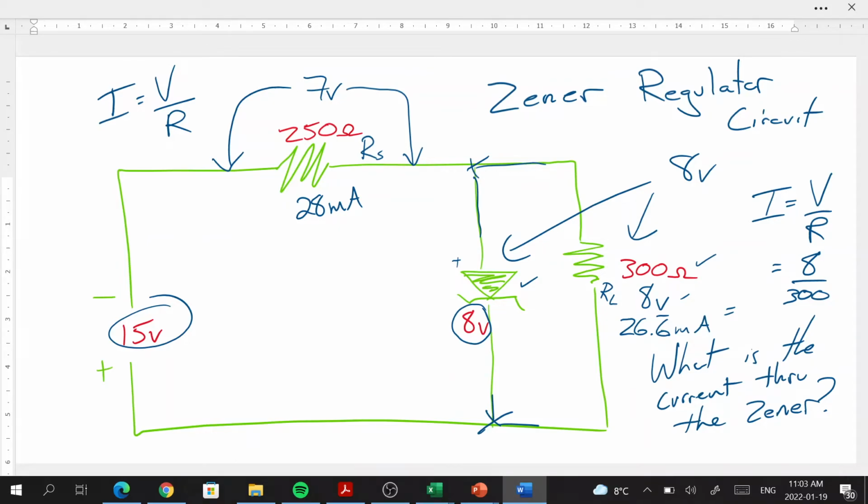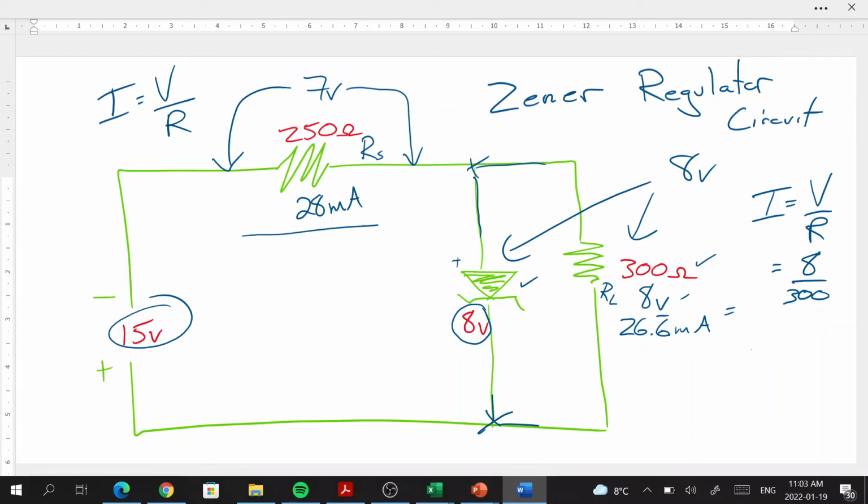Okay, now I'm just going to clear a few things up here. Again, we're looking for the current going through our Zener. So now we're going to use Kirchhoff's current law. If we have 28 milliamps flowing through here, it's going to come to this junction, this node.